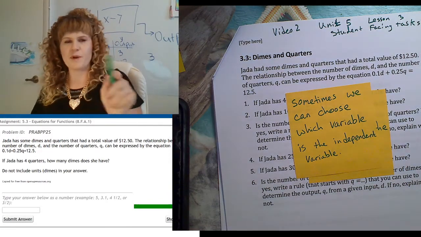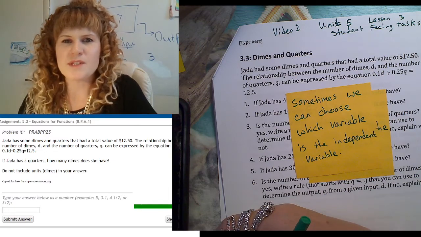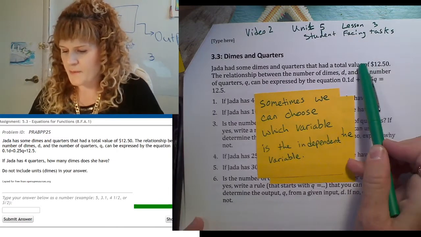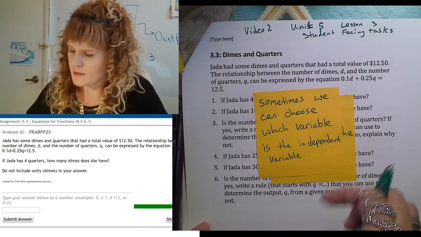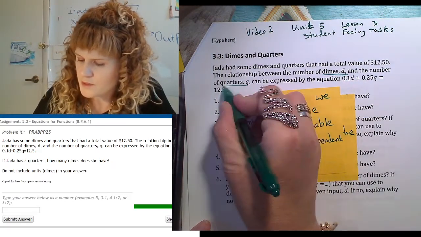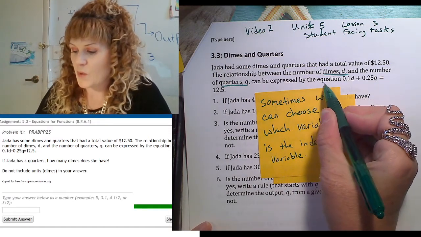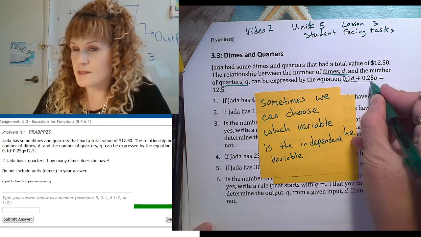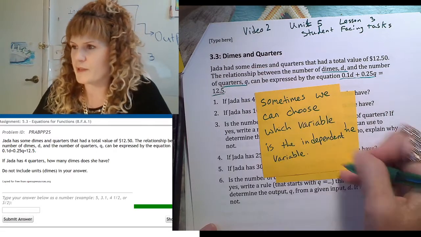and be ready for the problem that says, Jada has some dimes and quarters that had a total value of $12.50. The relationship between the number of dimes, D, and the number of quarters, Q, can be expressed by the equation 0.1D plus 0.25Q equals 12.5.